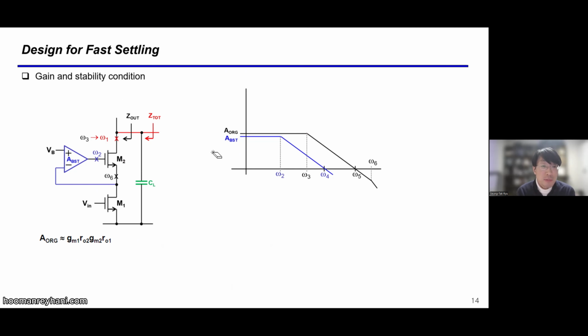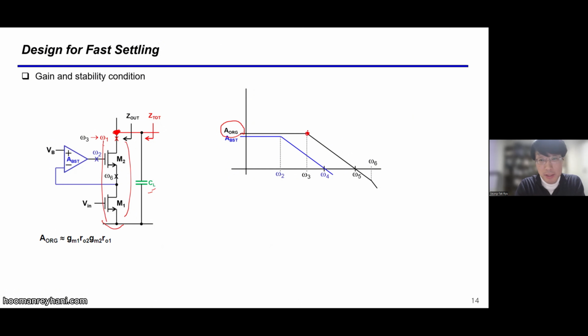So let's first assume that the main amplifier, which is cascode, has a frequency response like this one. The dominant pole is determined by, as you know, the output resistance and the load capacitor. The output pole frequency here will be determined by the cascode.